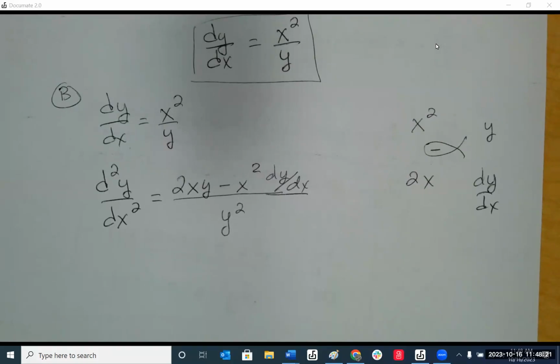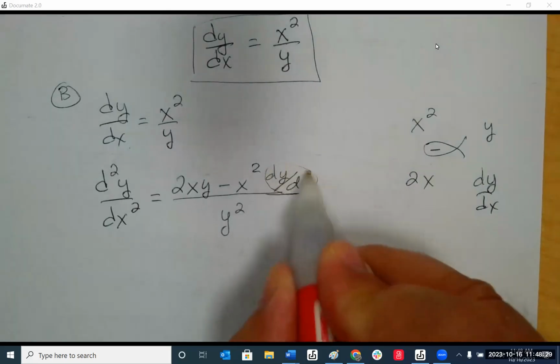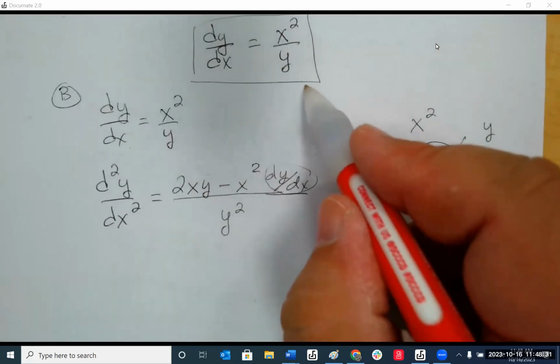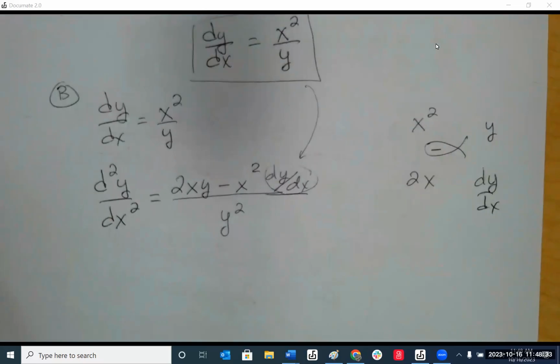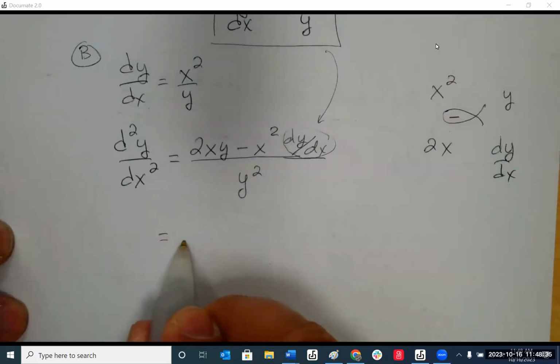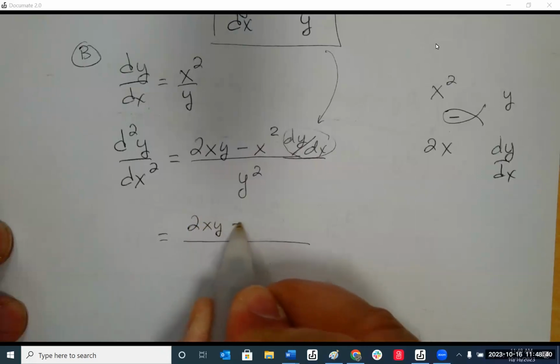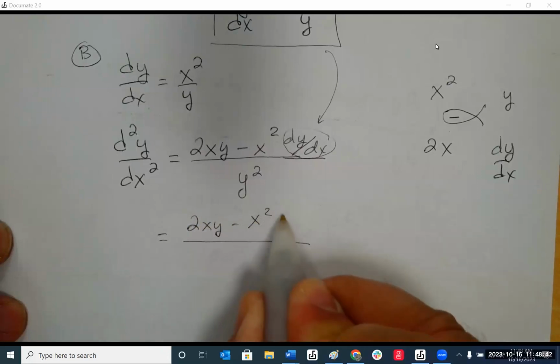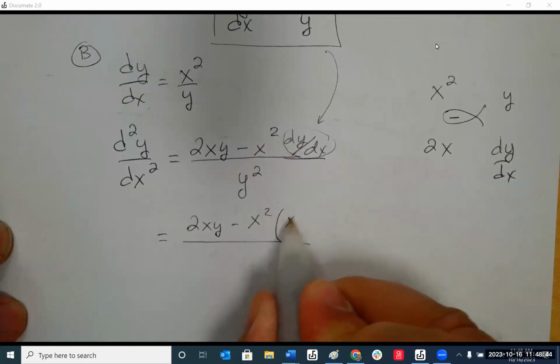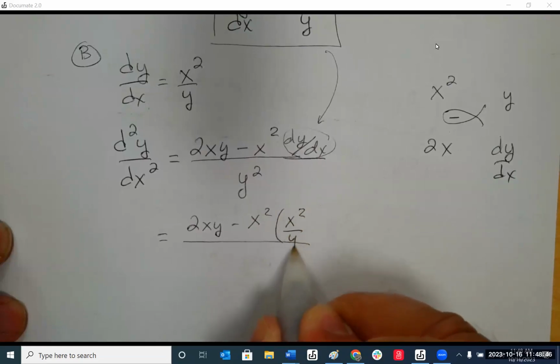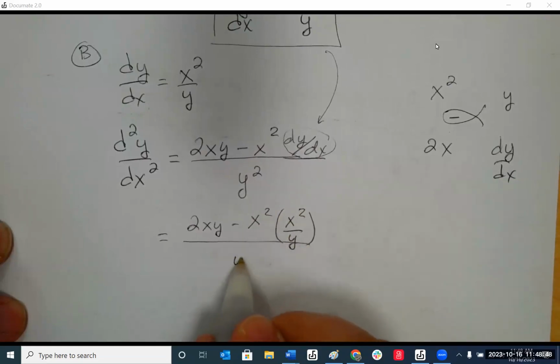Are we done? No. Why not? Yeah, we now have a dy/dx. So what we found in the first derivative, plug it in there. 2xy minus x squared. dy/dx is x squared over y.